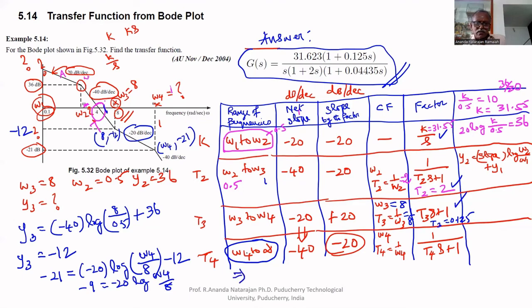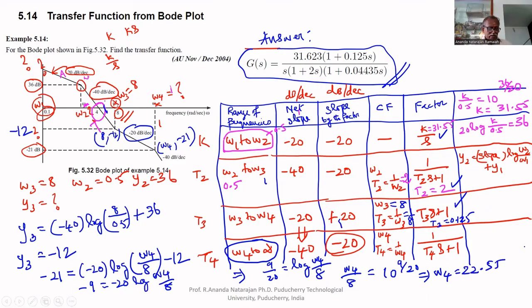This implies minus minus getting cancelled. Therefore, 9 by 20 equal to log omega 4 divided by 8, or omega 4 by 8 equal to 10 to the power 9 by 20. This implies omega 4 equal to 22.55.